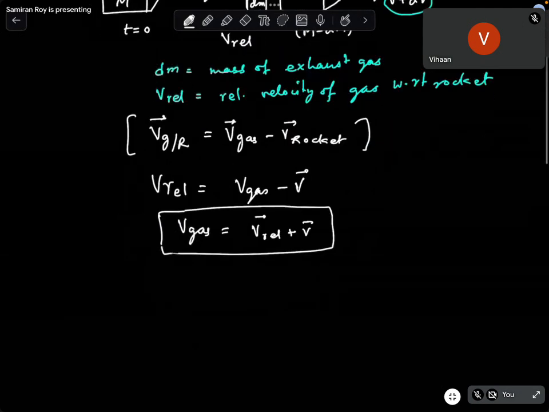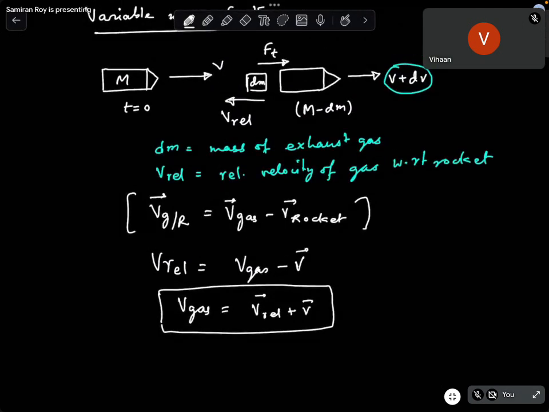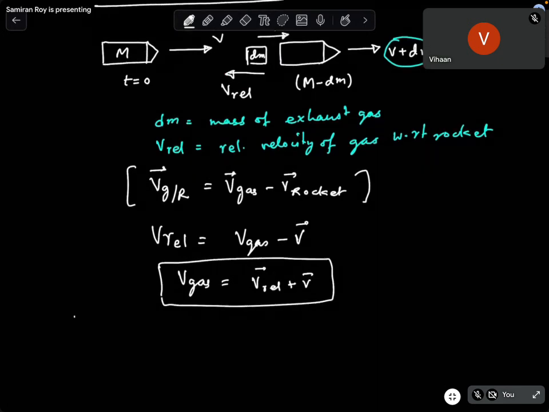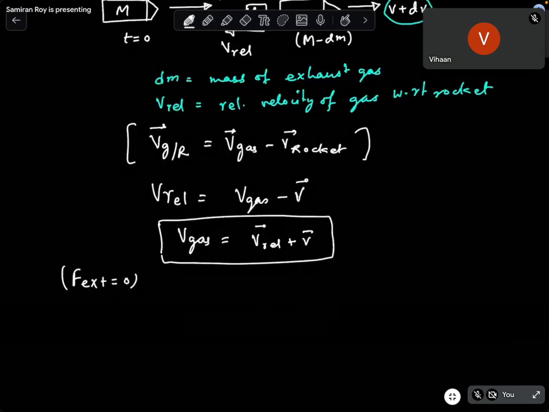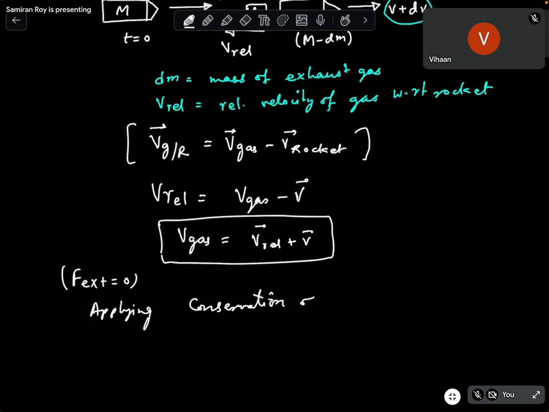Now can I apply conservation of momentum? Yes, obviously, because there is no external force. F external equals 0 in the horizontal direction, so I can apply conservation of linear momentum.